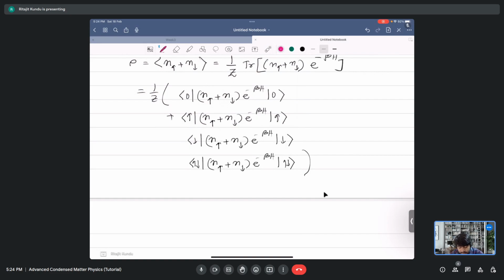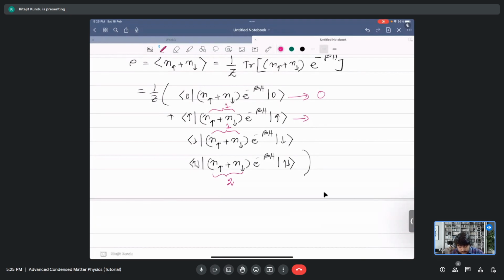For the first term, these are 0, so there is no up or down in the vacuum, so n up plus n down is 0. For this term, n up plus n down is 1, because there is one up spin. So n down is 0, but n up is 1. Similarly this quantity is also 1, and this quantity will give me 2, because now there is one up and one down, and I am just adding them.